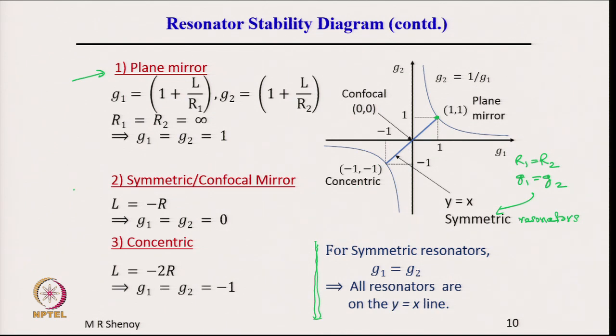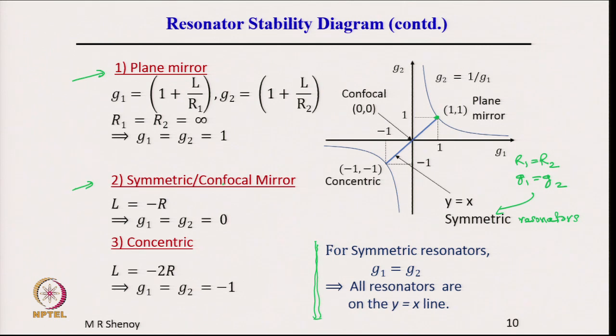Now, let us take another example, a symmetric confocal mirror resonator. For a confocal mirror resonator, in the last class I had shown that L is equal to minus R, the minus sign comes because the symmetric resonator comprises 2 concave mirrors.